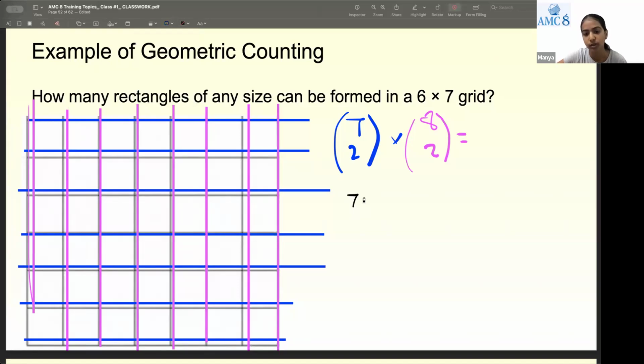So 7 choose 2 is equal to 7 factorial divided by 2 factorial times 7 minus 2 factorial. That would be equal to 7 factorial over 2 factorial times 5 factorial.